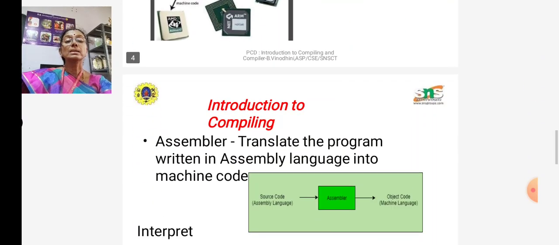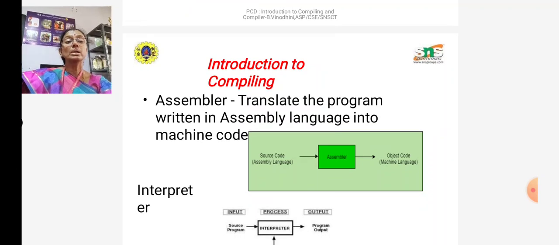Next is the assembler. Its functionality is to get the assembly code as input and produce relocatable object code as output. Relocatable object code means our source program contains different files, and the different files are stored in different address spaces.